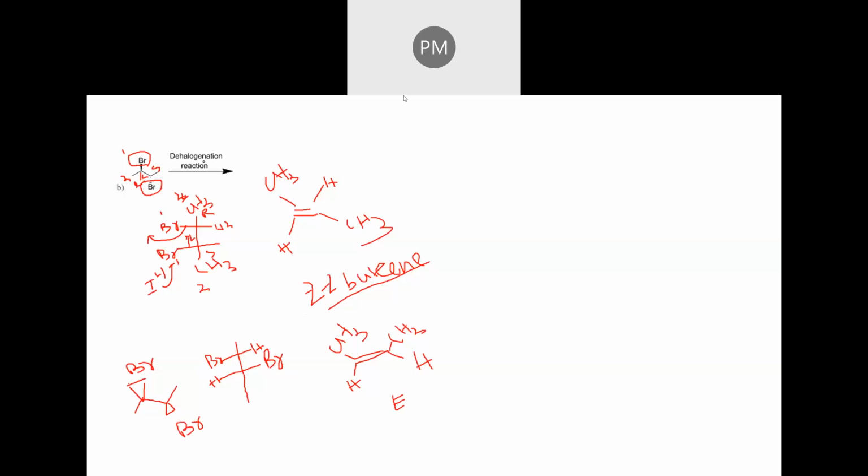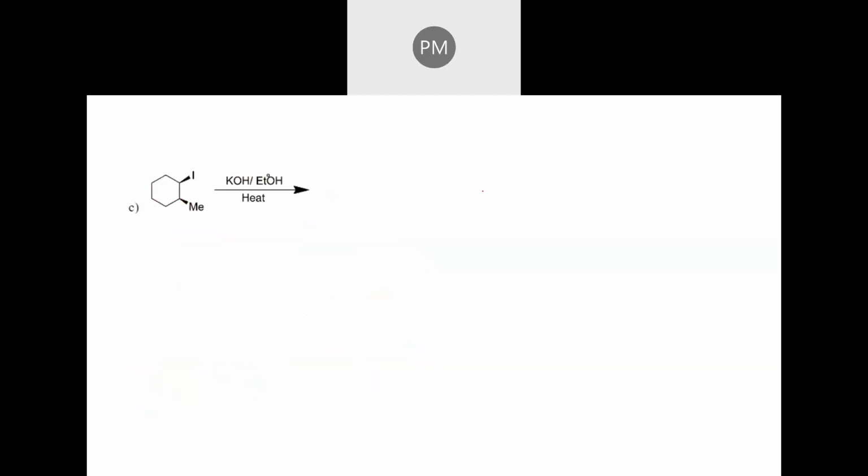Now the next example. This is an example where the reaction is given with KOH and EtOH. So it will be an elimination reaction. How will we eliminate? If we draw this in the chair form, it will look like this.